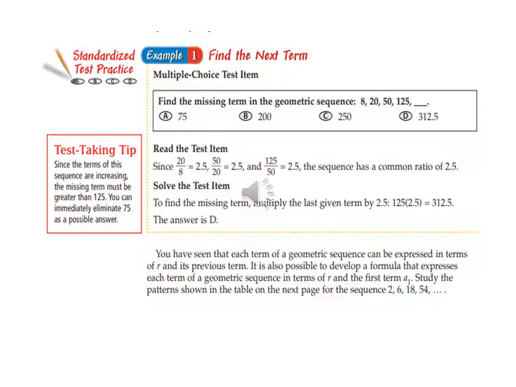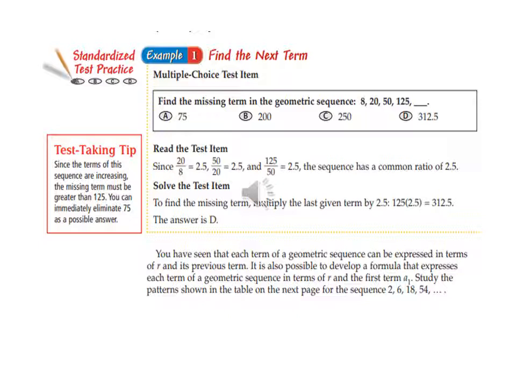The common ratio can be found by dividing a term by its previous term. Since 20 over 8 equals 2.5, 50 over 20 equals 2.5, and 125 over 50 equals 2.5, the sequence has a common ratio of 2.5.